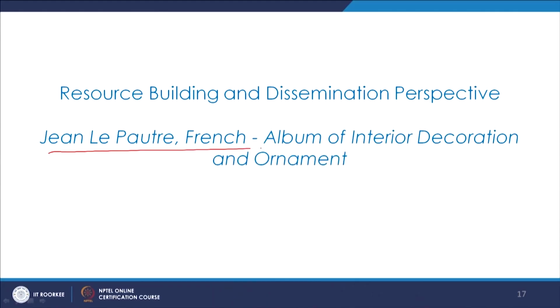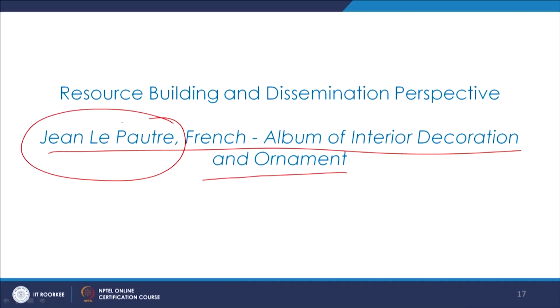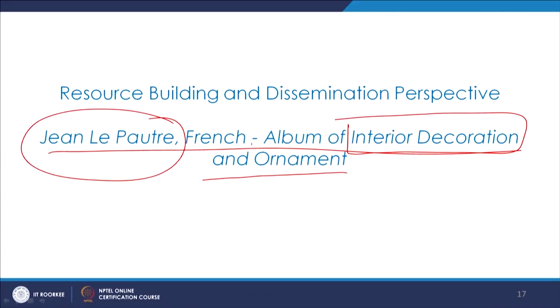So now let's see the album of interior decoration and ornament, and this is also a sort of resource building perspective where the artist has tried to create a catalog of different elements that contribute to interior decoration and the ornamentation, and then we see it as a sort of visual repository, and there are so many references that we can look at and learn from.